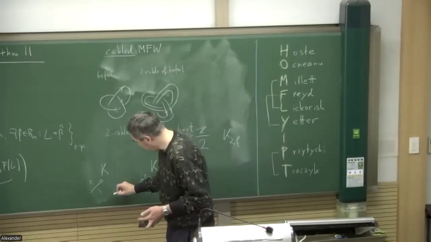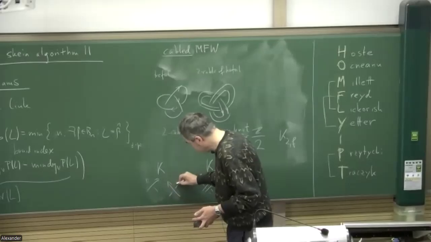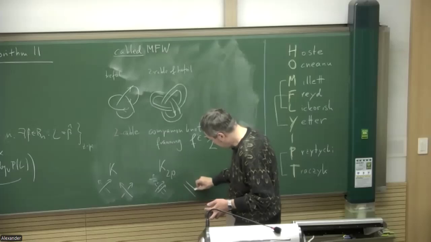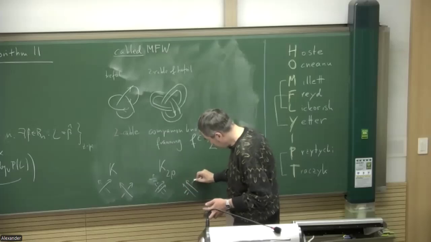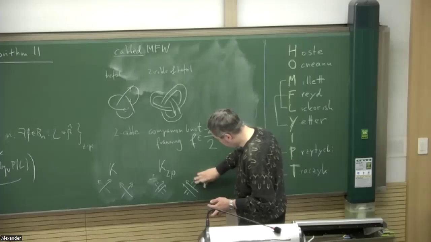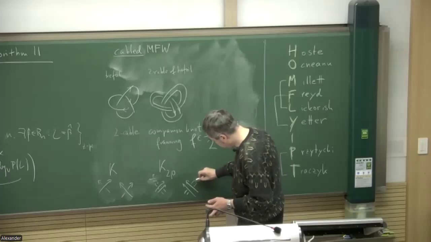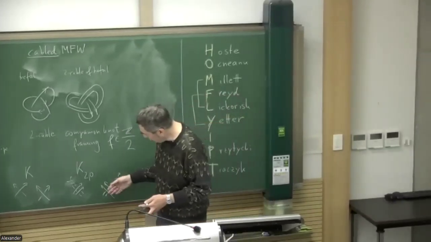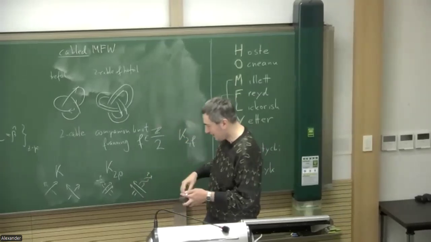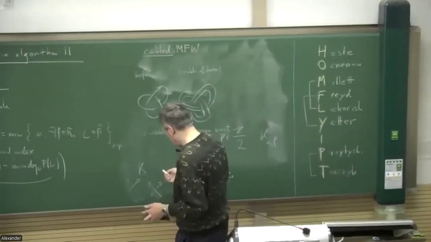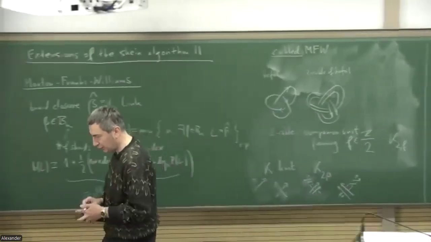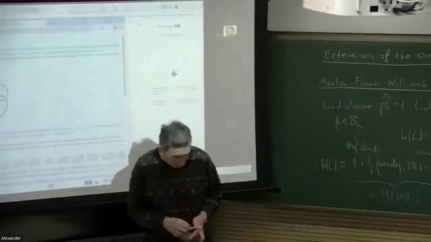And similarly, when you have a negative crossing, then you double the negative crossing, and then you introduce a positive full twist in one of the strands, so two positive crossings like this. Where you put it doesn't matter, because you can slide this twist around. There is a similar construction for links, but let's not make it too complicated. So I assume that this is a knot, so one component.